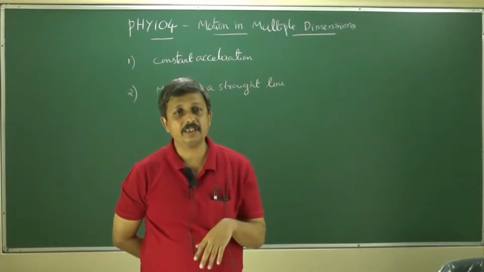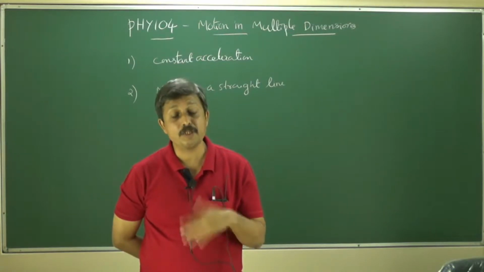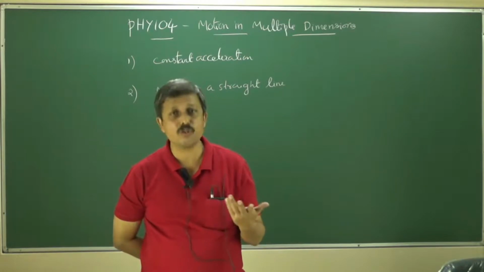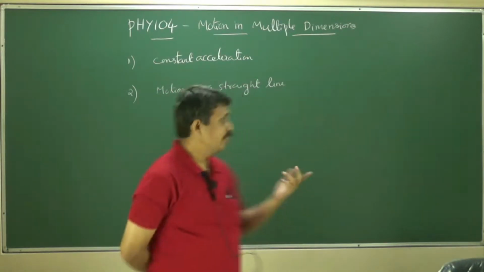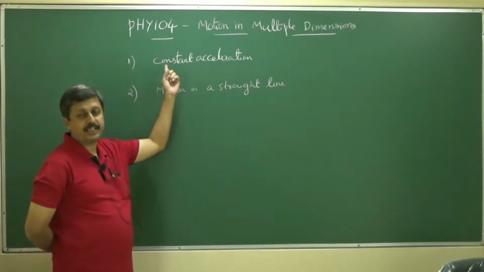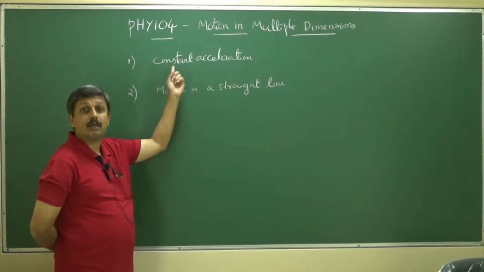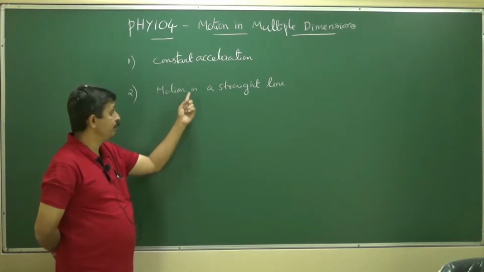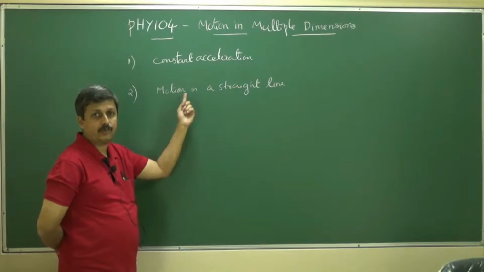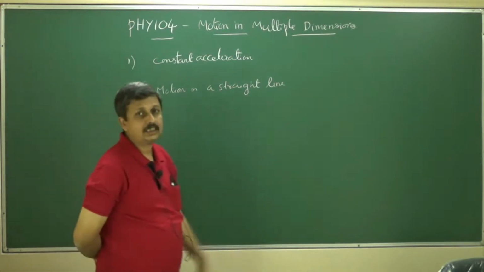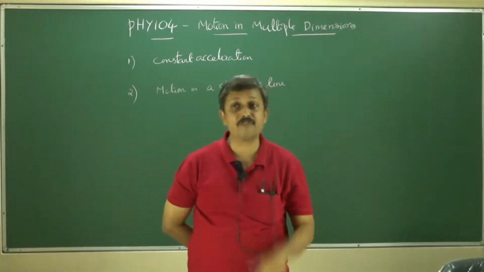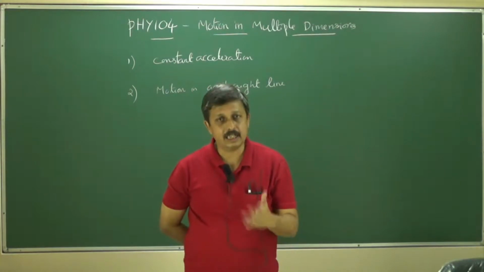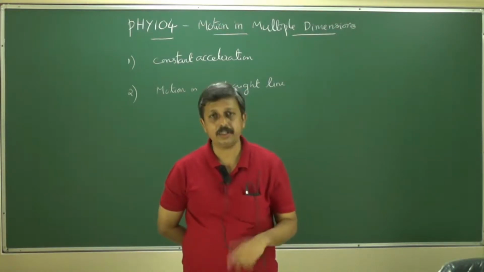When we remove the first restriction, we get directly into calculus. When we remove the second restriction, we get directly into vectors. So these are the two things, vectors and calculus, that we learned till now. We can start using them.